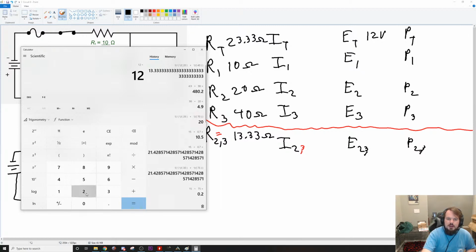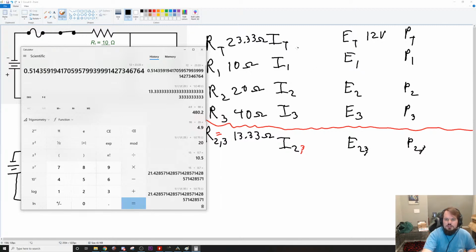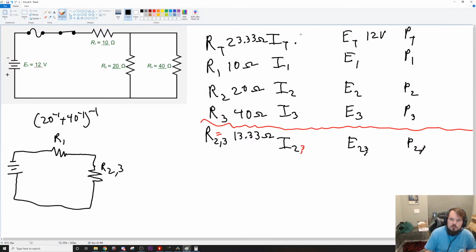12 divided by 23.33, because it's just a series circuit, or we're just doing Ohm's law. 0.514 amps.